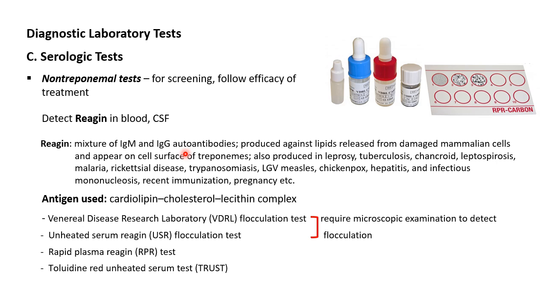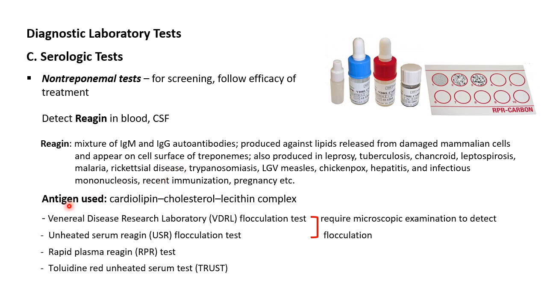Why are they called autoantibodies? Because these are produced against lipids released from damaged mammalian cells and which appear on the cell surface of the treponemes. The test is not very specific in the sense that it is also positive in leprosy, tuberculosis, chancroid, leptospirosis, so many other diseases, also after recent immunization and pregnancy.